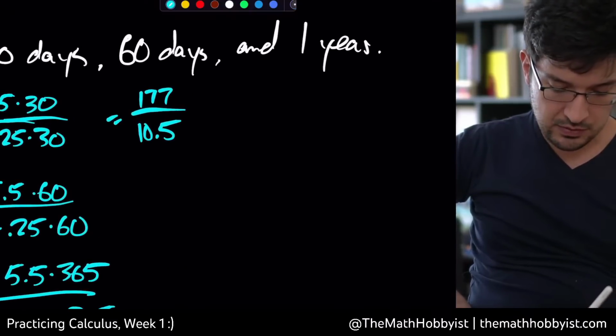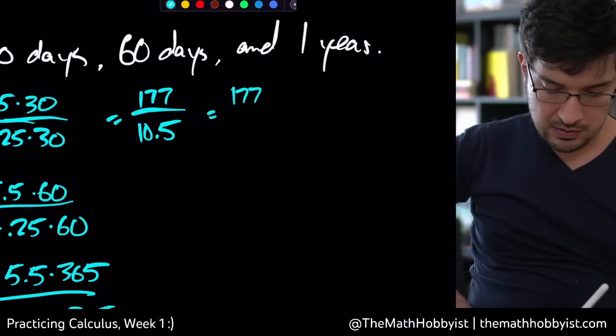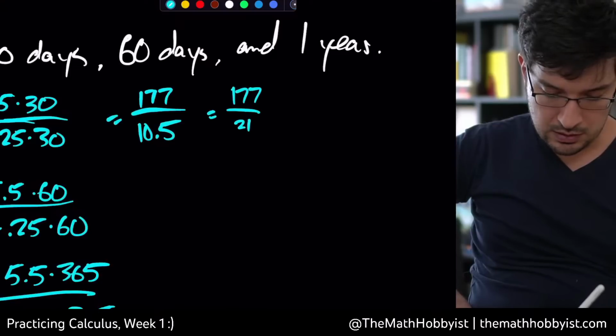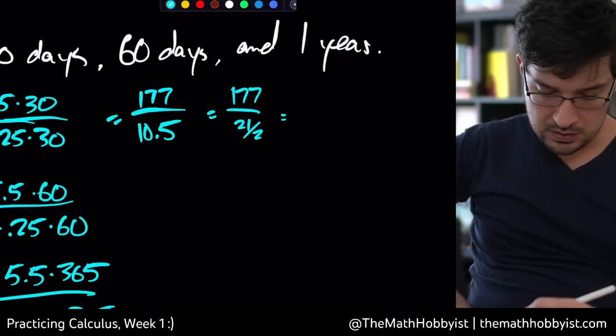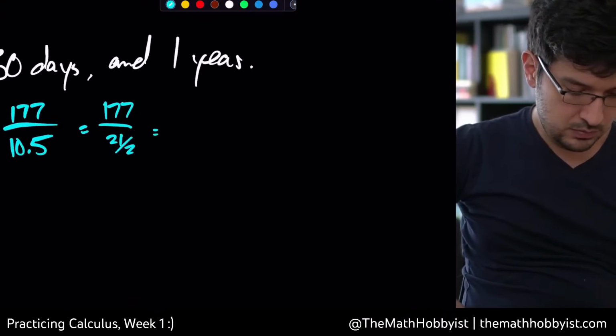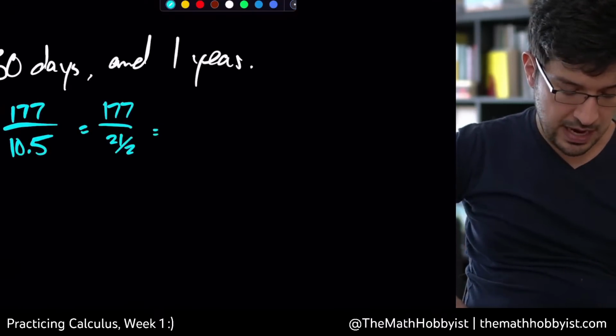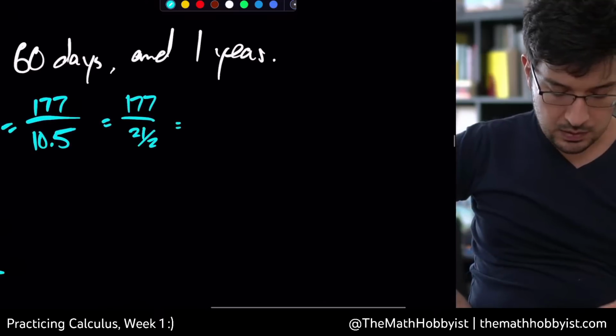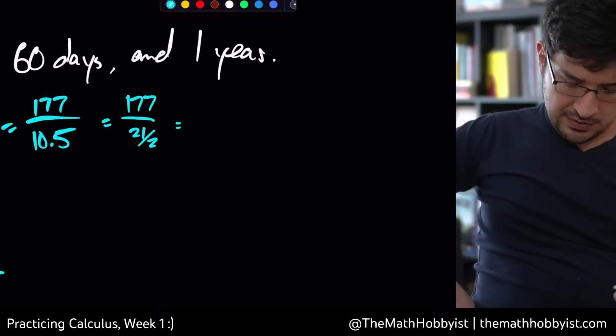Which is the same as 177 over 21 over 2. So if we divide by a fraction, what is doubling 177?